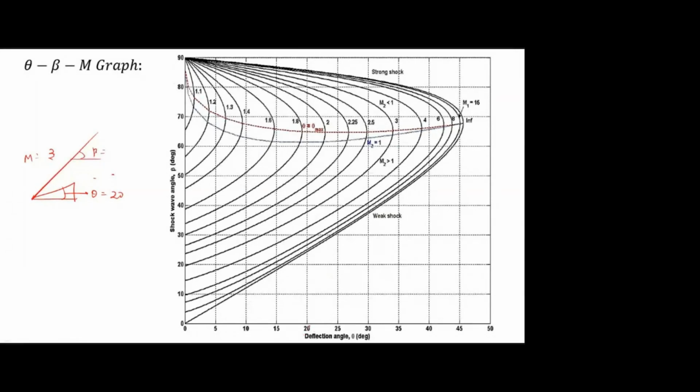So here, this is theta. Theta is given as 20 and Mach number is 3. So this is the Mach number 3 curve.